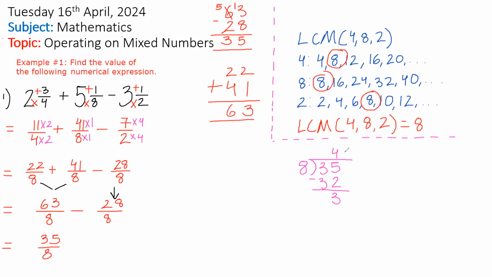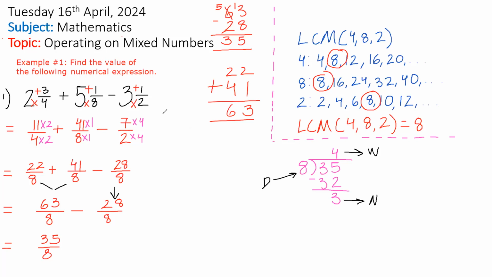And so that means the 4 is going to be your whole number. The 8 is going to be your denominator. And the 3 is going to be your numerator. So the 4 is the whole number that stands alone. The 3 is the numerator that goes on top.